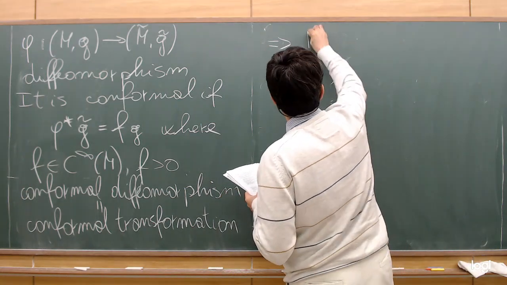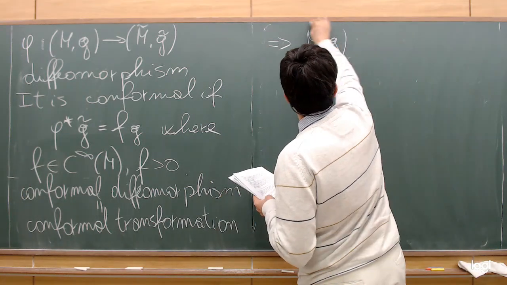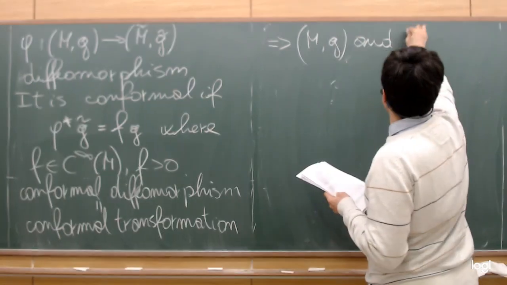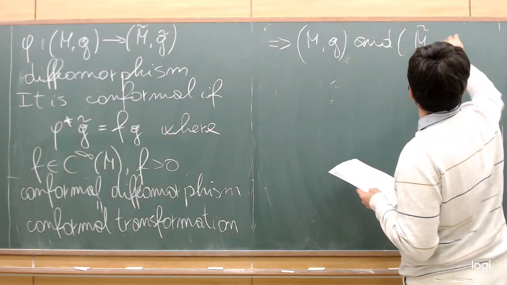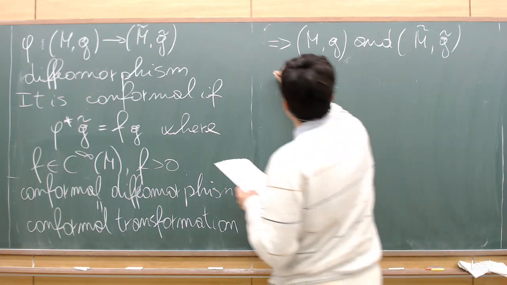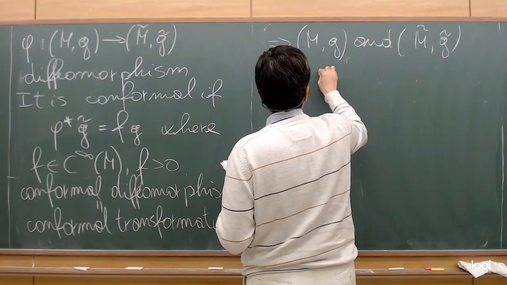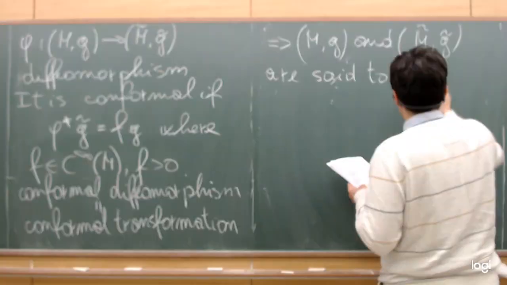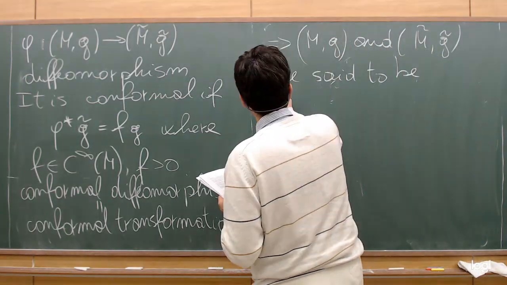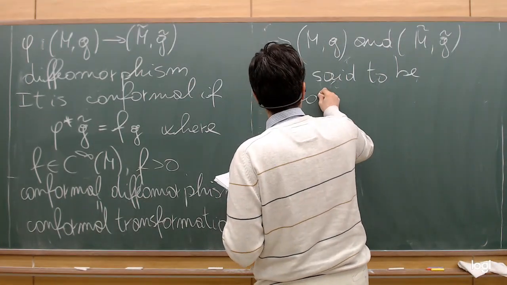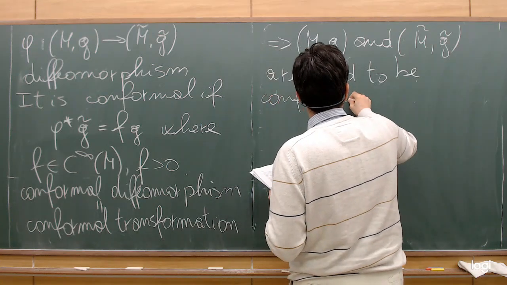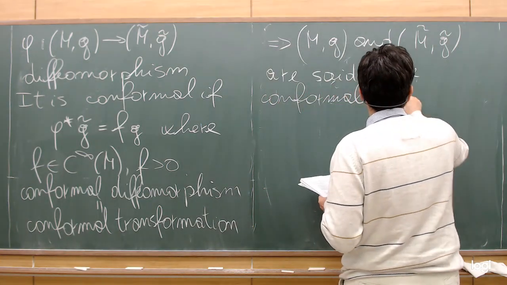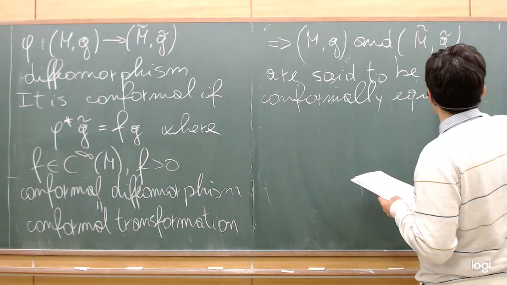Then (M, g) and (M tilde, g tilde) are said to be conformally equivalent.